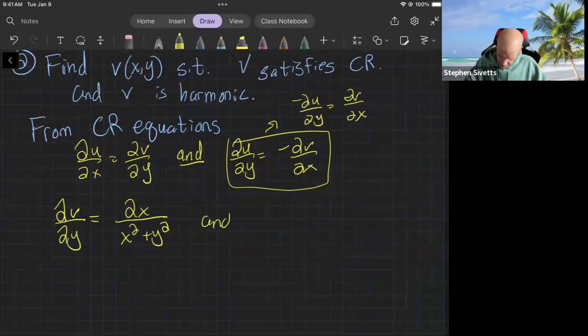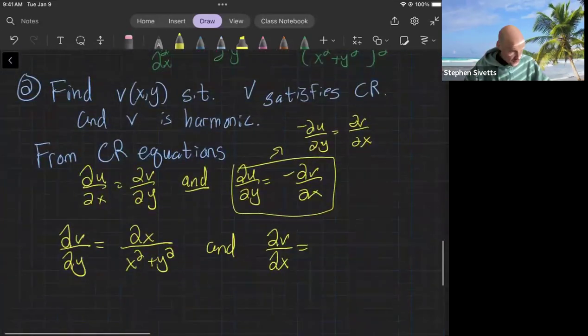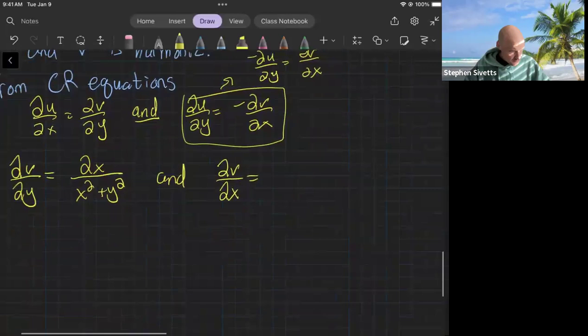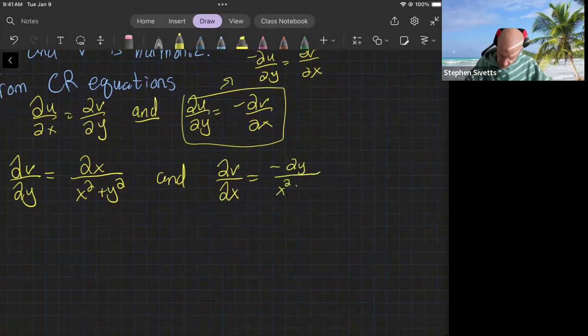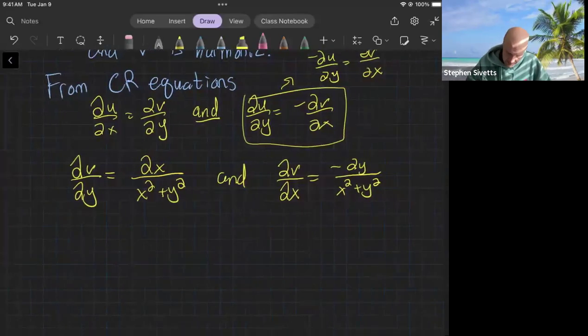And the partial of v with respect to x, well, that would equal minus 2y divided by x squared plus y squared. Okay? So that's what that means.